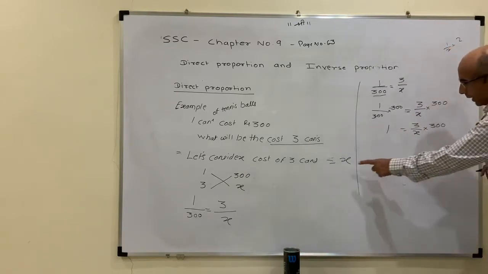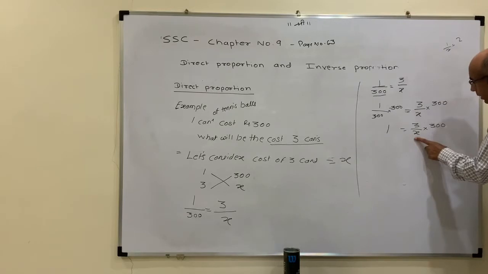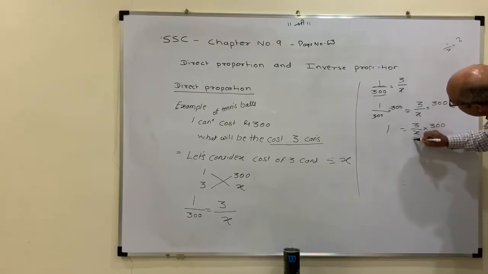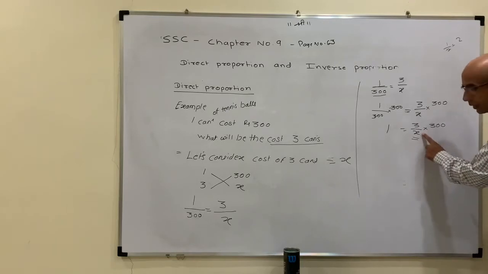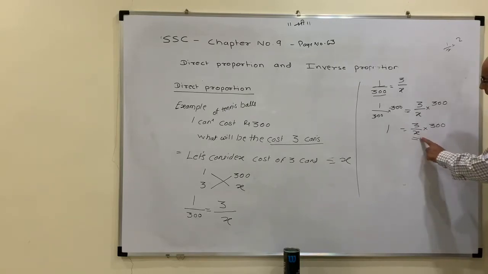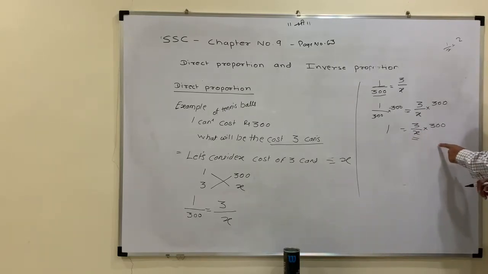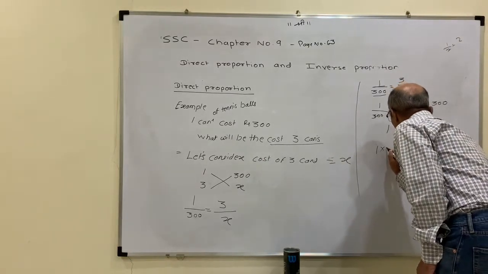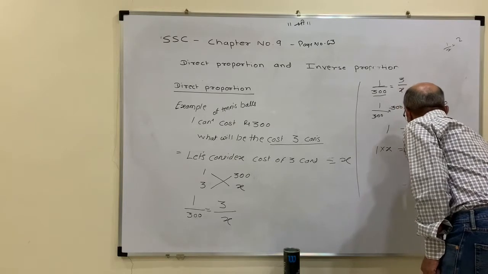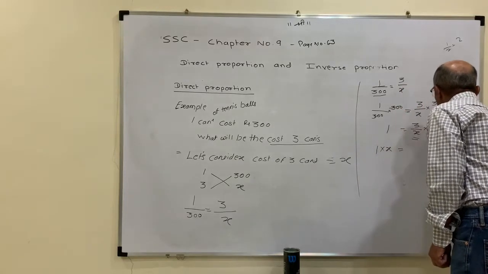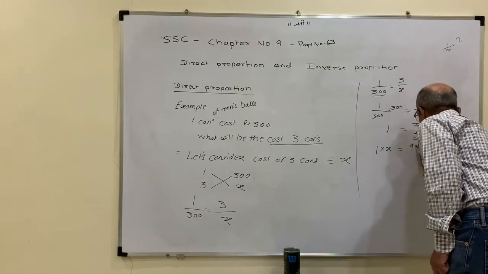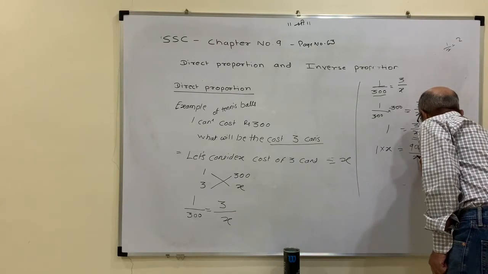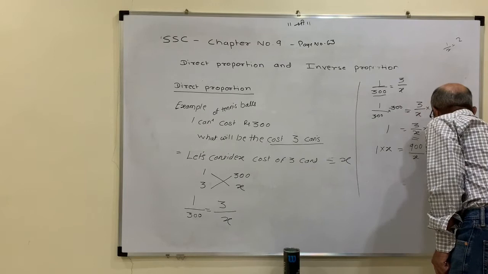What I need to find? I need to find the value of x. Now to get rid of this x from the denominator, I'll multiply x to both the sides. So my left hand side will be 1 into x, my right hand side will be 3 into 300, which comes out to be 900, divided by x into x.